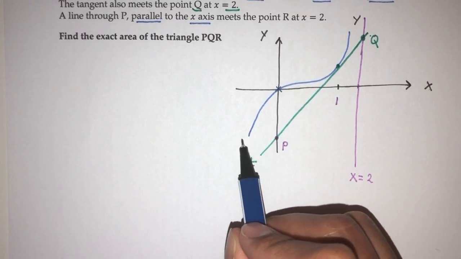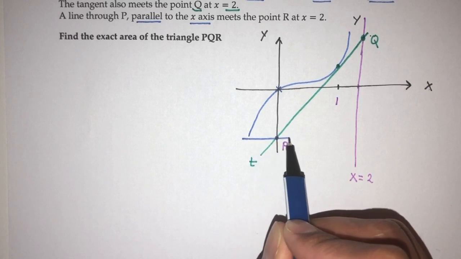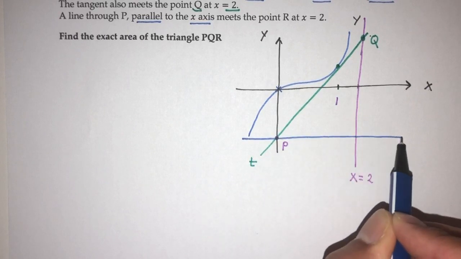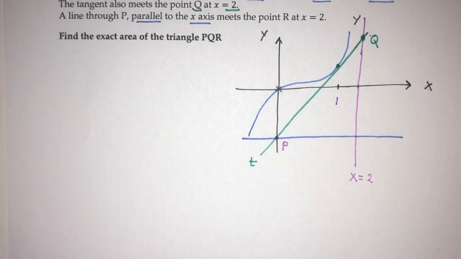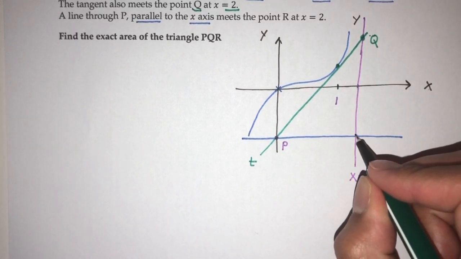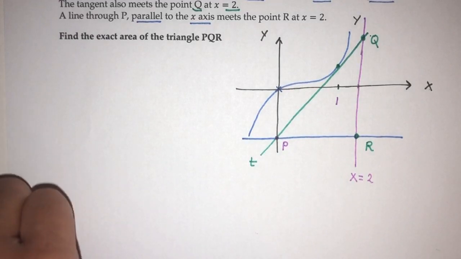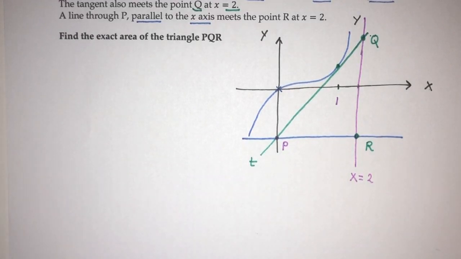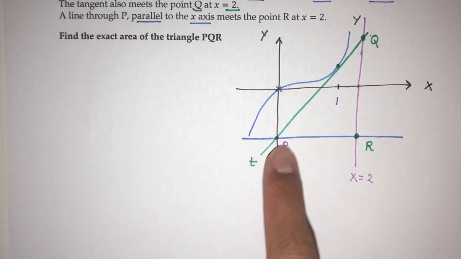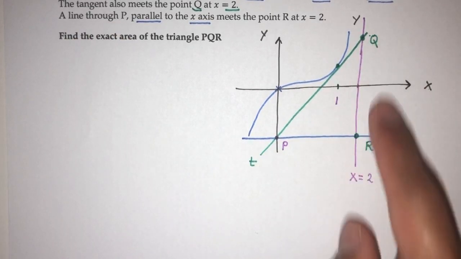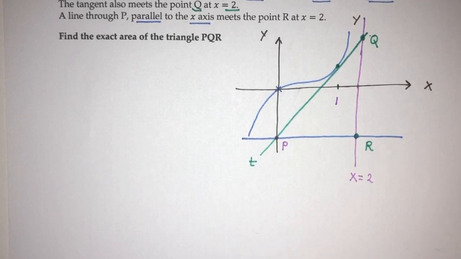So it has to be a line through P in this direction, and wherever it meets x equal to 2, that will be your point R. So this is basically the diagram that we have to work with, and then we have to find the area of this triangle PQR. One by one, let's first find the points and then we can find the area.